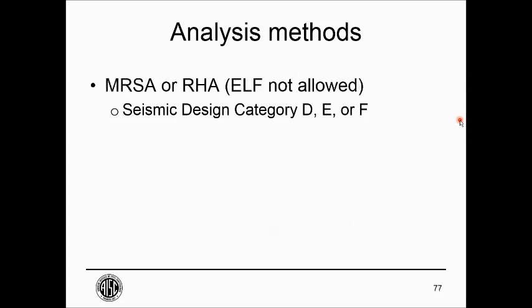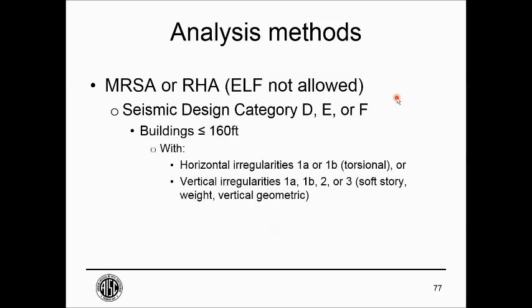In other cases, the equivalent lateral force analysis procedure is not allowed. That includes seismic design category D, E, and F, if the building is less than 160 feet and has one of these irregularities: torsional irregularity, soft story, weight or vertical geometric irregularity, or if it's taller than 160 feet and has any irregularity, or if its period is way long.